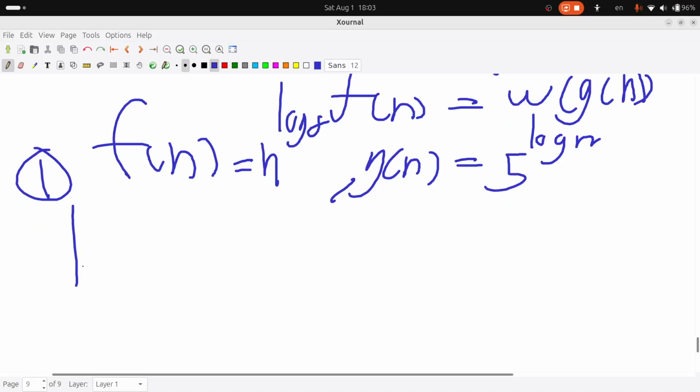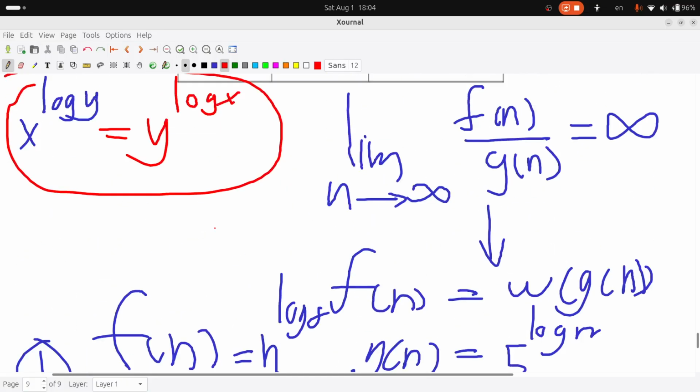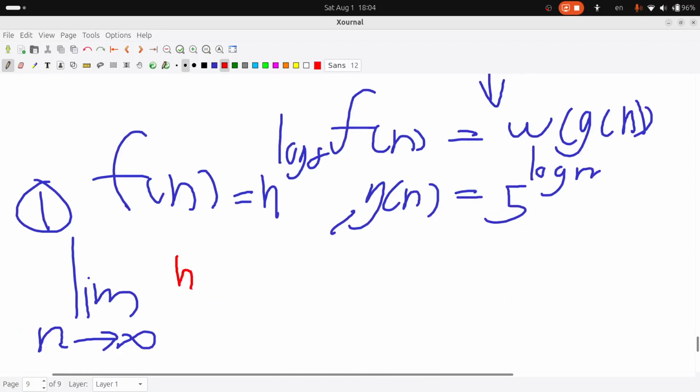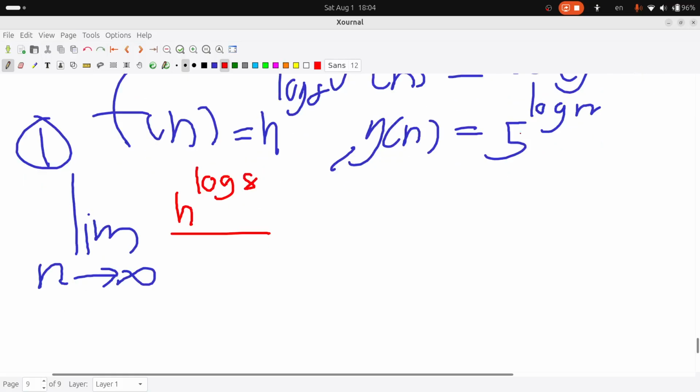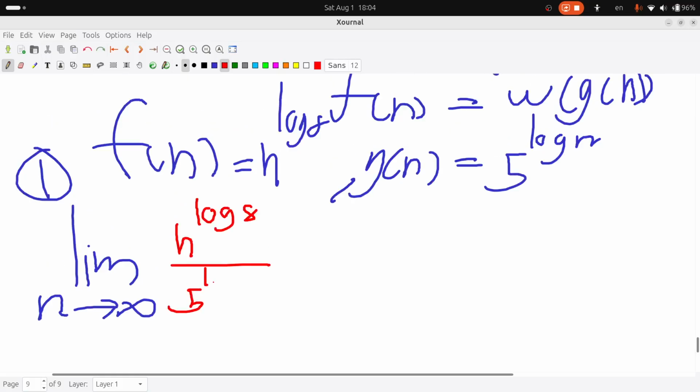So we can write this as the limit as n approaches infinity. f(n) is n power of log x, right? And g(n) is 5 power of log n. And I can swap between n and 5, and it should be something like this.